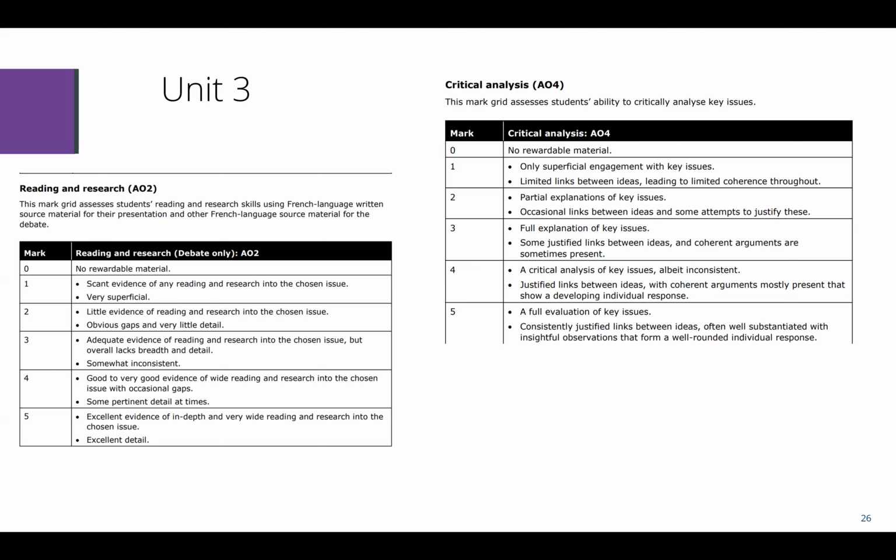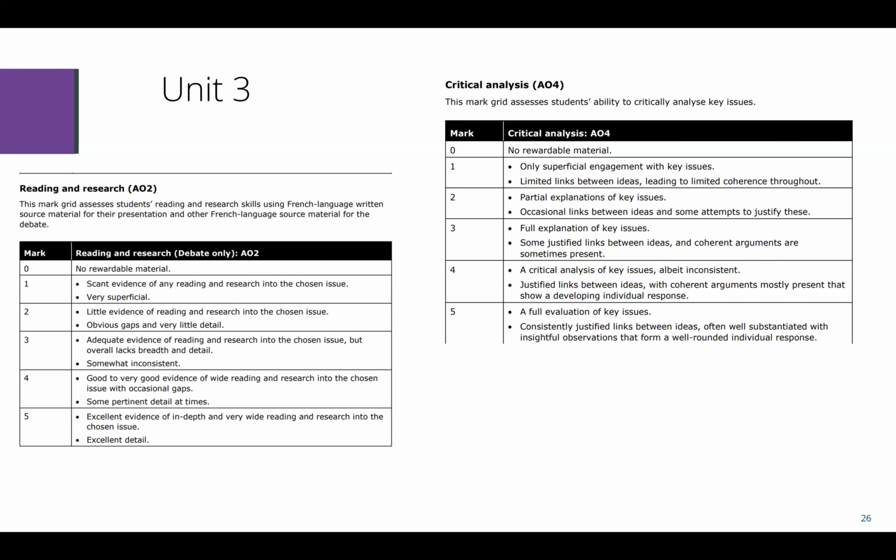And then the second bullet point is that there are justified links between ideas. They can't just express an idea, they must always justify it. That comes through in international GCSE as well. When they're expressing an opinion on something, it's important that they actually justify that. It's a common thread.